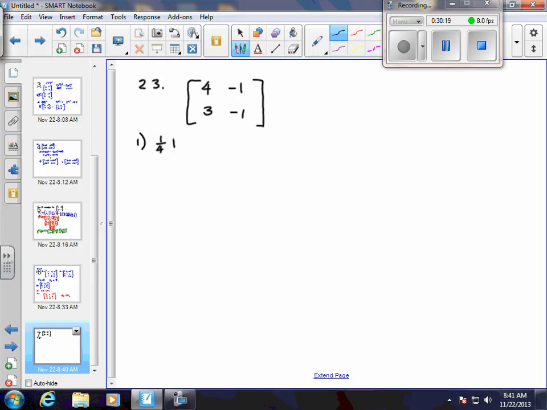However you want to look at that means the same thing. So 1/4 of row 1 becomes 1, -1/4. Row 2 is the same. So that means my E1, I'm taking the 2 by 2 identity and I want to do the same thing to that that I just did.